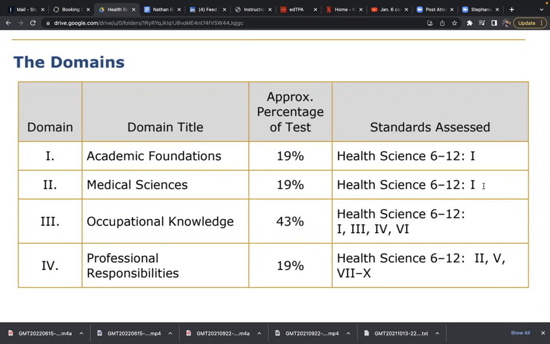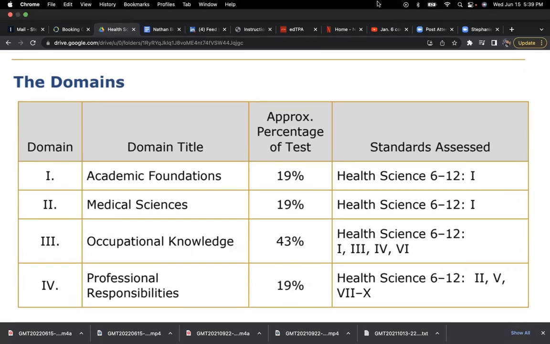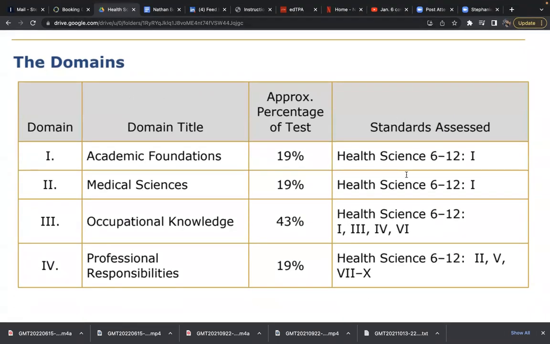That means that you have to have a very thorough understanding of standard 1. And we'll rewind in a little bit and look more closely, because you see where standard 1 makes another appearance. Yes, some occupational knowledge. That means that one standard comes out theoretically, for a fact, in 38% of the exam, just standard 1.